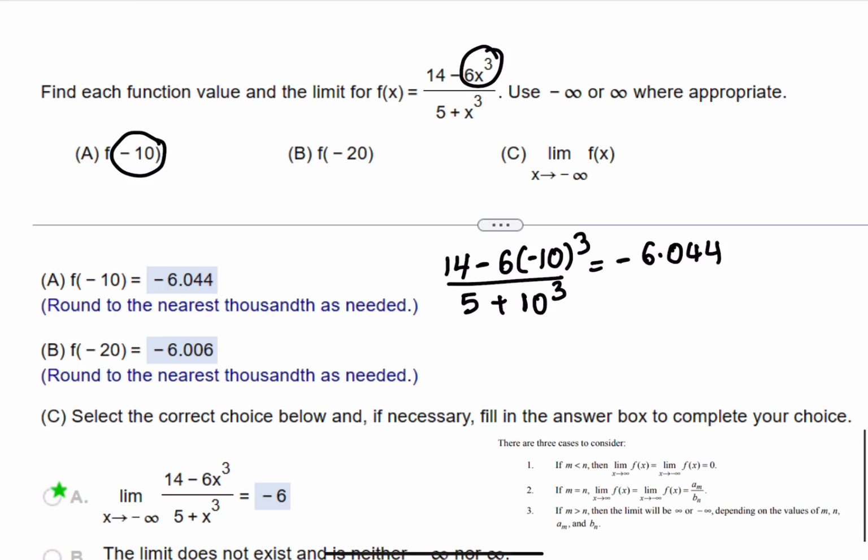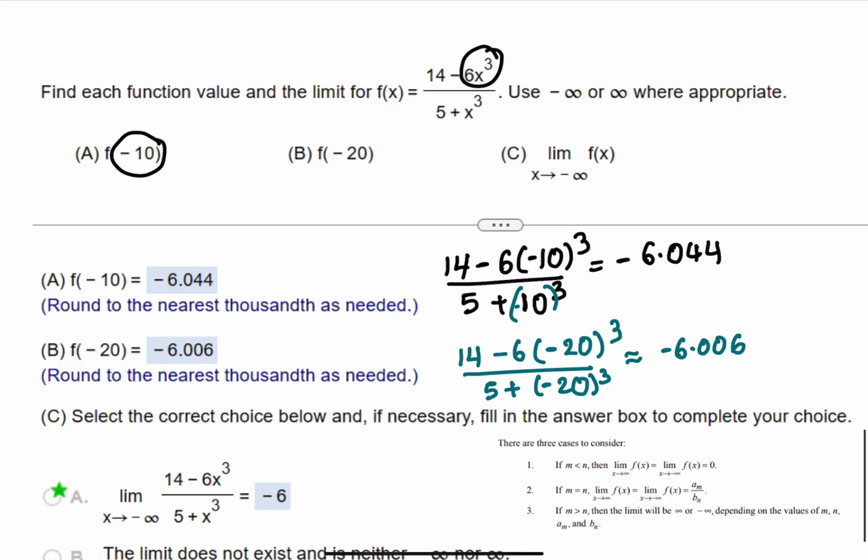Now f of negative 20, same thing: 14 minus 6 times negative 20 whole cube over 5 plus negative 20 whole cube, and that would give you approximately negative 6.006. You can plug into the calculator, or you can simply graph it and find the function value.